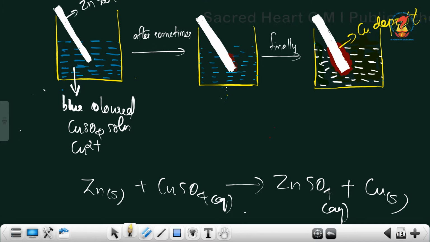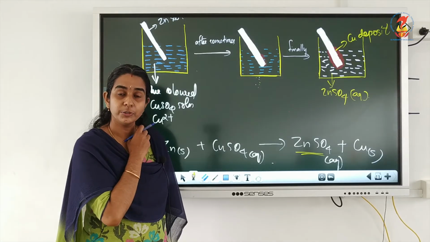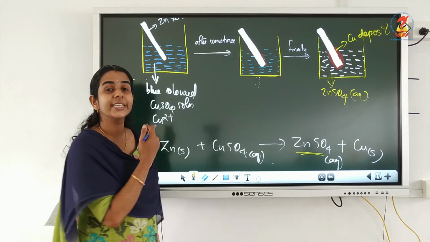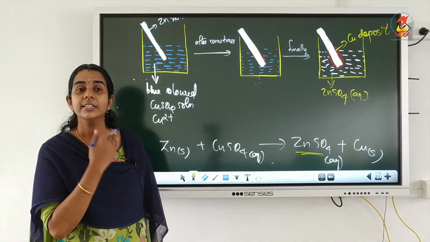And why does this blue color solution become colorless? Because now it has become zinc sulphate solution. Initially the solution was blue in color due to the presence of Cu2+ ions in the solution.